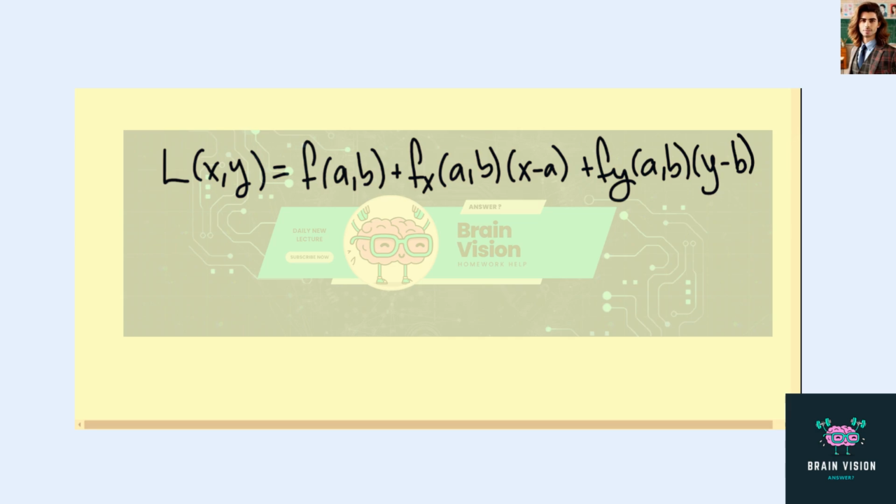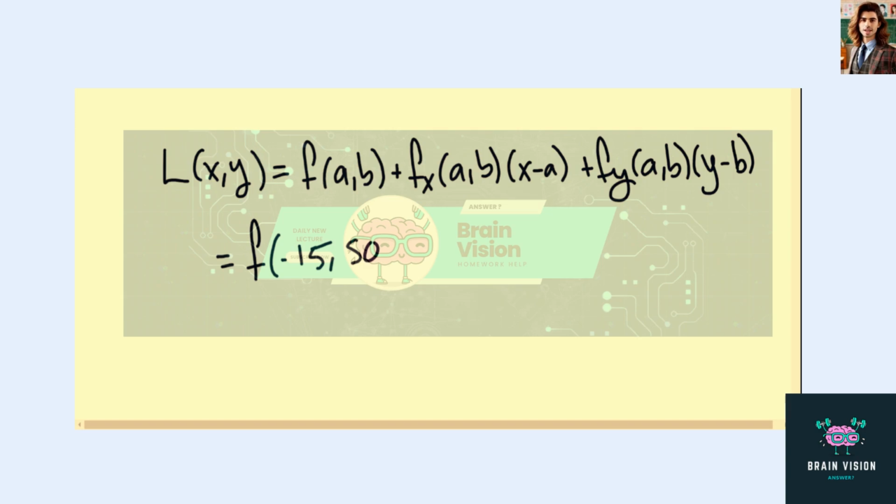And so we want to apply these definitions. Now we are given, in this case, our x's and y's, our a's and b's are going to be temperature and wind speed. So in this case, it's going to be roughly equal to f at negative 15 degrees Celsius and 50 kilometers per hour.